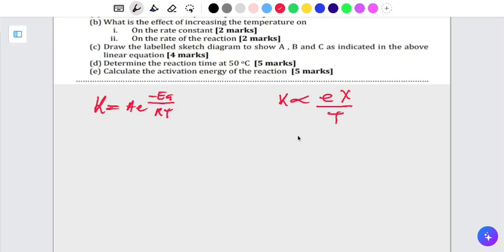From the actual things, if you have k, which is inversely proportional to the temperature, meaning to say if the temperature is increased, what is going to happen to the value of k? So the rate constant is going to decrease, but immediately you have the exponential, meaning to say that things are going to be opposite. So if you increase the temperature here, even the rate constant here is going to increase.